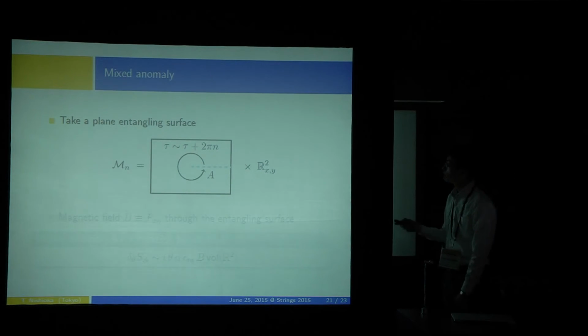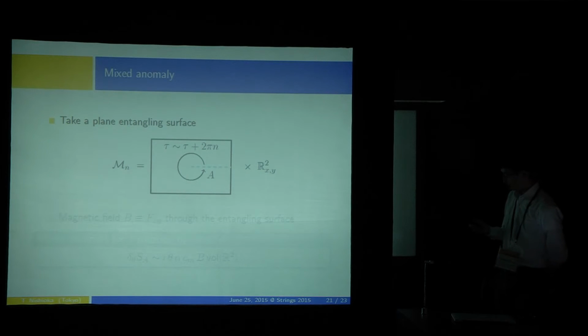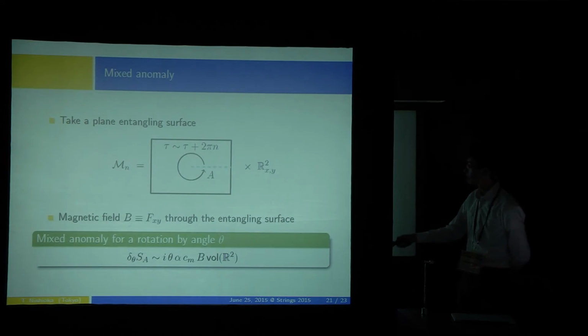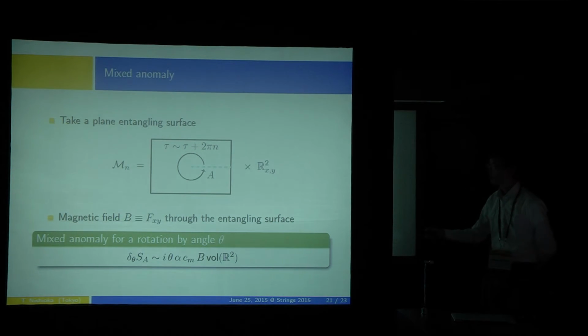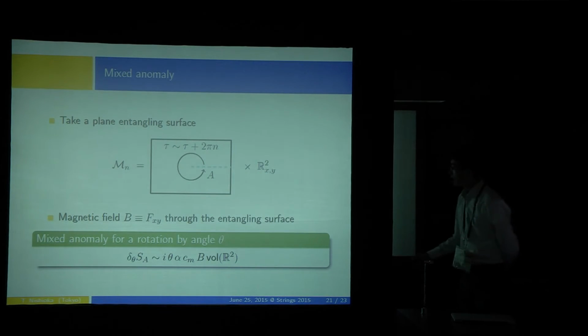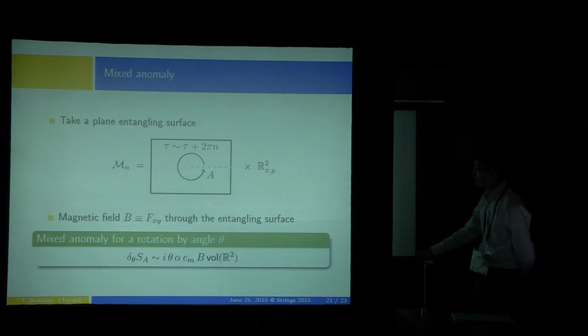To obtain a non-trivial mixed anomaly in the entanglement entropy, I turn on a magnetic field through the entangling surface, along this direction.